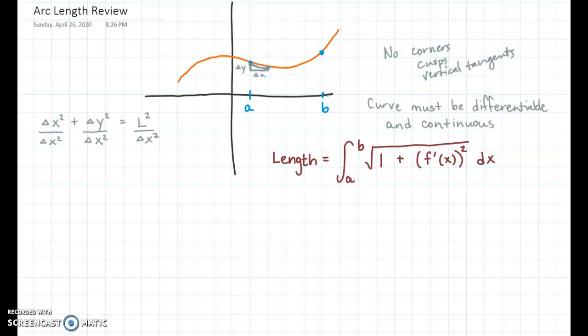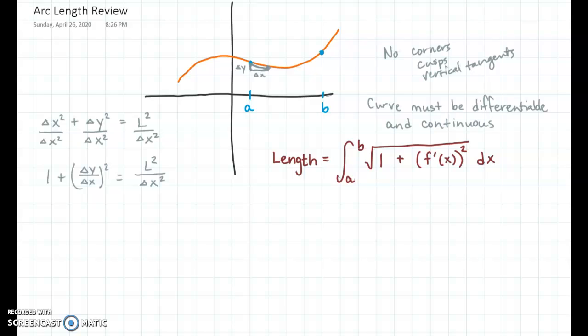If I do that, I get 1 plus (delta y over delta x) squared is equal to the length squared over delta x squared. And now the magic of calculus is this isn't exactly true.